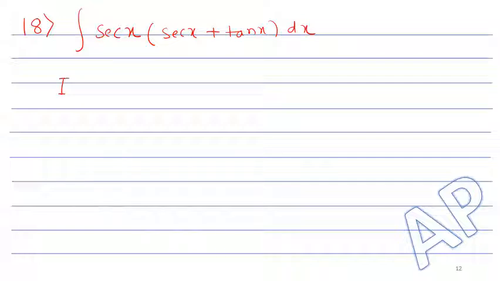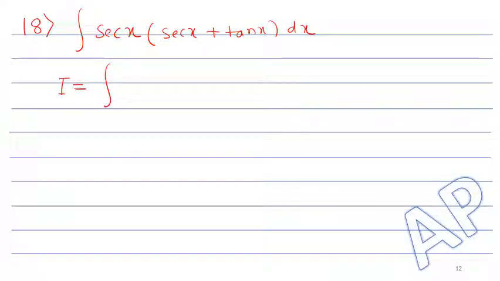Now let us solve question 18. That is integral secant x into secant x plus tan x dx. So first, I will multiply secant x with the two terms.